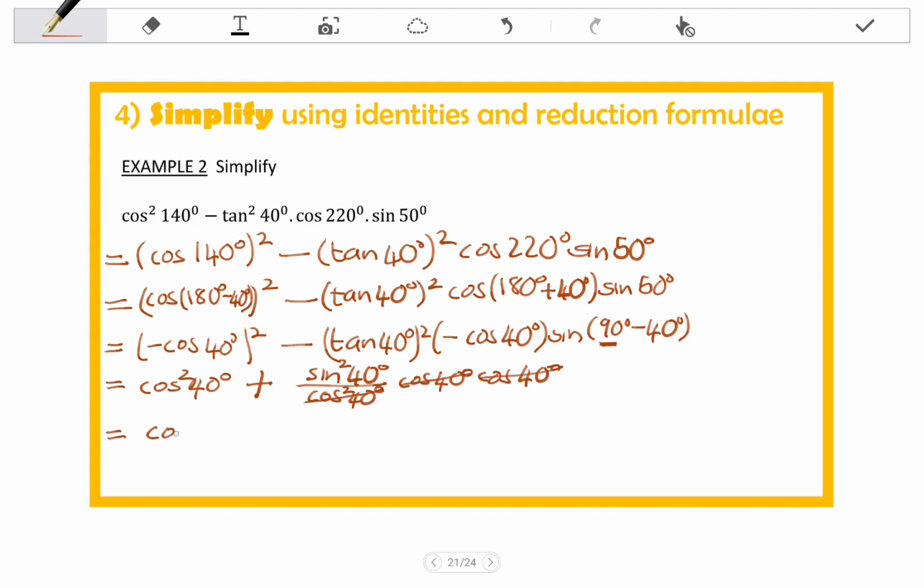So I'm left with (cos 40 degrees) all squared plus (sine 40 degrees) all squared. And here we have the square identity. So remember, the square identity is (sine angle) all squared plus (cos angle) all squared equals 1. Here of course it's just in the opposite order, but that doesn't matter. 2 plus 3 is the same as 3 plus 2. So this is the square identity which takes us to 1.